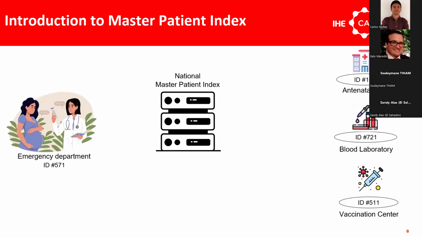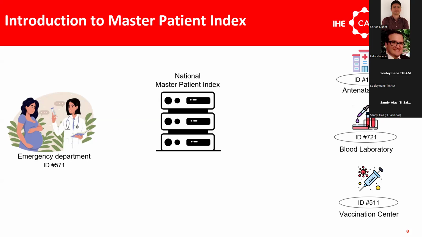For example, if in the antenatal care, if in the billing, for example, they make a mistake in the name of Brenda, and in the same healthcare, we have another system, for example, a system for testing used by another clinician in the same organization.